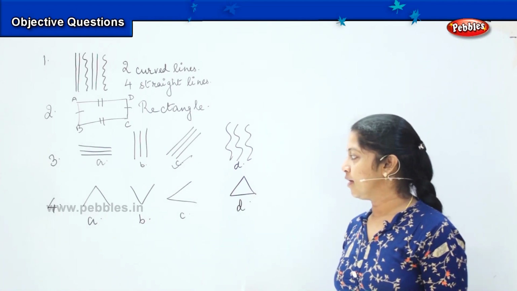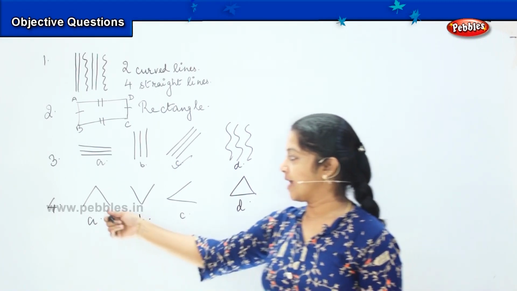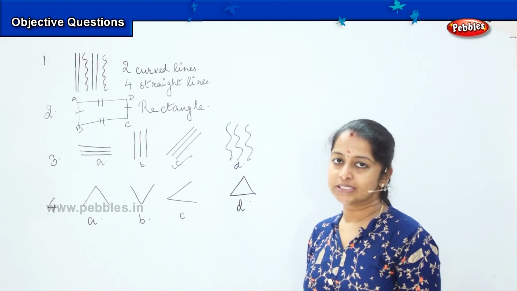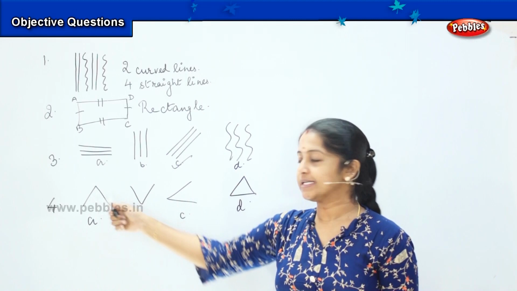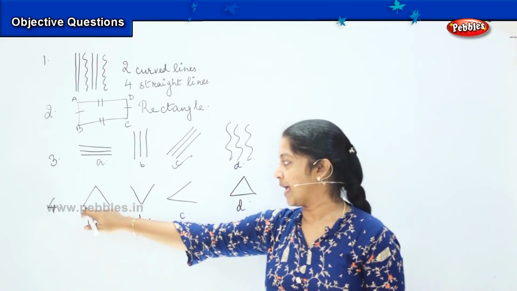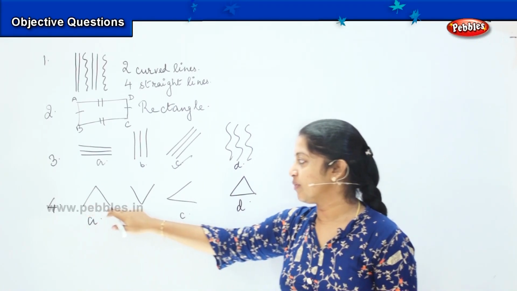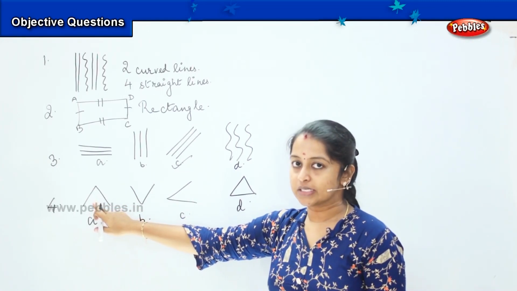So can you tell me which of these forms a triangle? Is A the right option? No, because a triangle has got 3 sides. And how many sides has this option got? It's 1 and 2. And it's an open-ended figure, right? There is nothing which is joining this figure. So my option A is not the right answer.